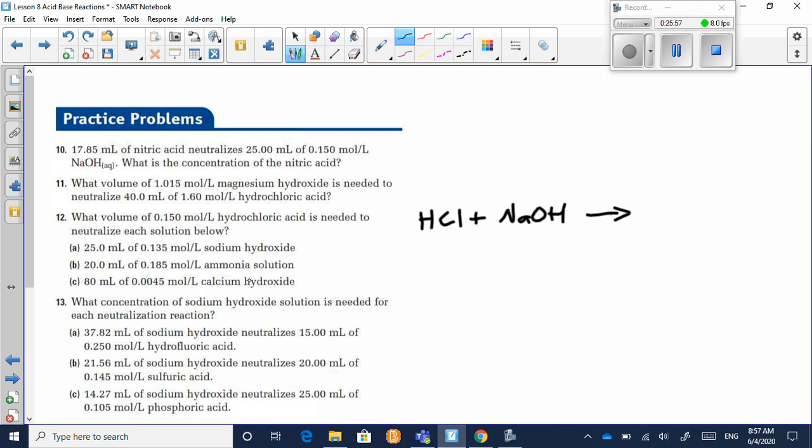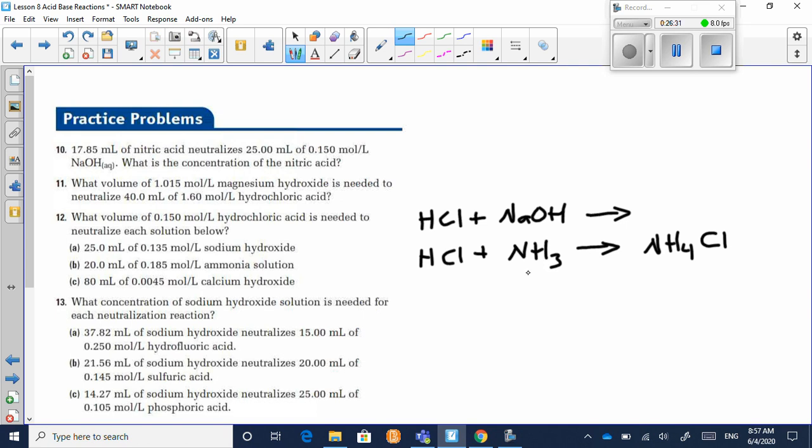Here for B, it's hydrochloric acid plus ammonia, which is NH3. Now, the one thing I'm going to show you here is that whenever you combine hydrochloric acid with ammonia, your product is going to be NH4Cl, and it also makes water, but you don't need to write the water.